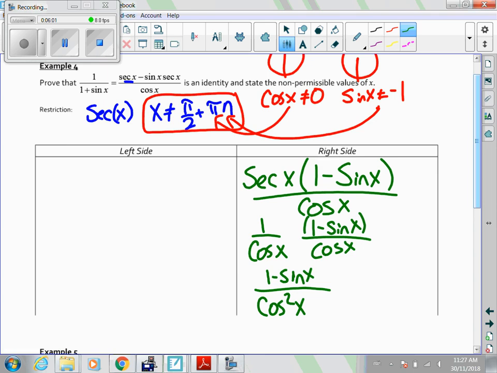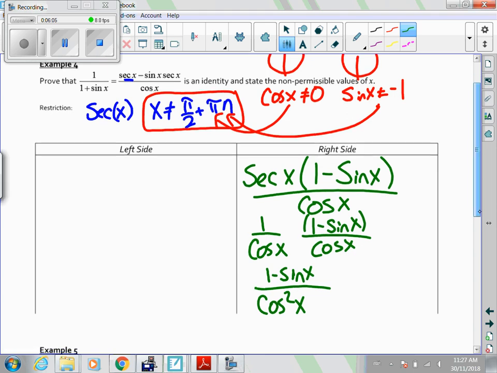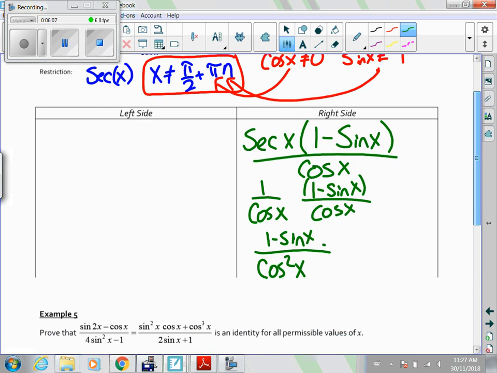Okay, so now we just have to go from here. Whenever we see something with a squared like cos squared x, we should think, I can hit that with a hammer. So I'm going to go (1 minus sine x) over (1 minus sine squared of x). And now we're so close to getting out of this raptor cage that we can basically taste it.